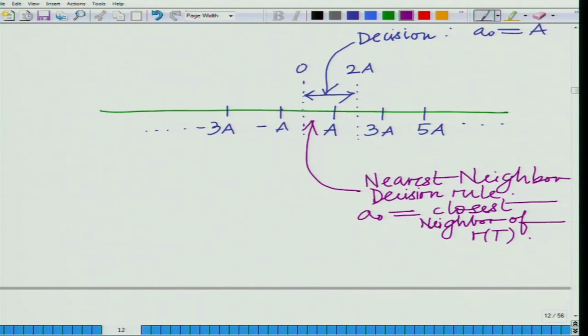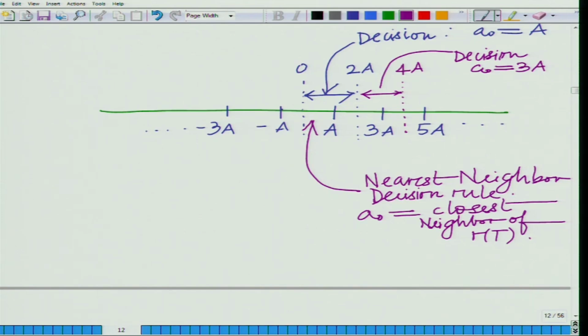Okay, this is the nearest neighbor decision. Similarly, if RT lies between 2a and 4a, in this region the decision is A naught equals 3a, that is, the symbol or level 3 has been transmitted.